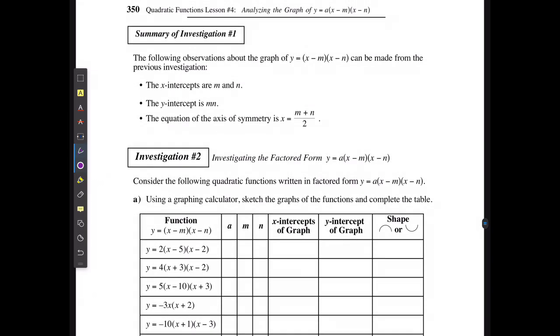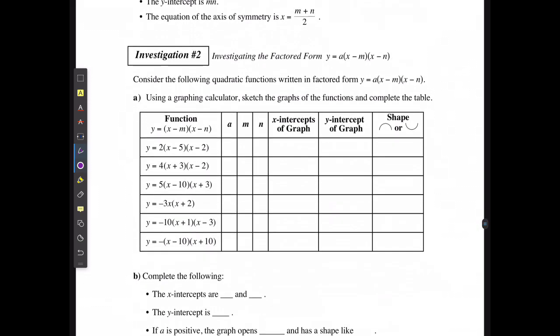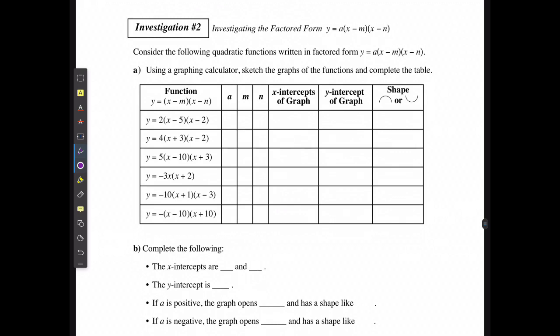So, following what we've already learned, the x-intercepts are going to be m and n, the y-intercept is going to be m times n, and the equation for the axis of symmetry is x is equal to m plus n divided by 2. What if we change the a value so the a value is no longer just 1 like it was in all the previous cases?